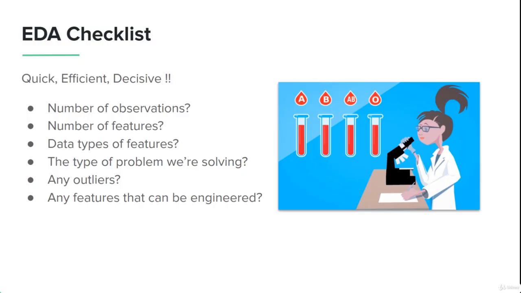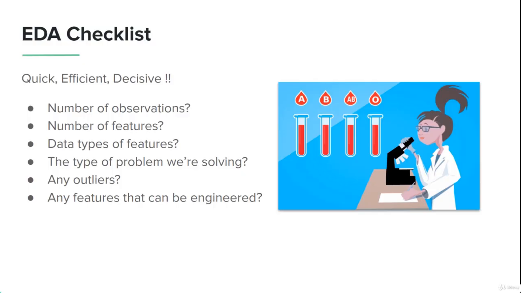But it's important to remember that EDA should be quick, efficient, and decisive. You cannot spend too much time just exploring the data, because in this machine learning pipeline, every operation is dependent on the previous operation. So there's a lot of dependency management that needs to be taken care of, and you cannot spend too much time on one process.